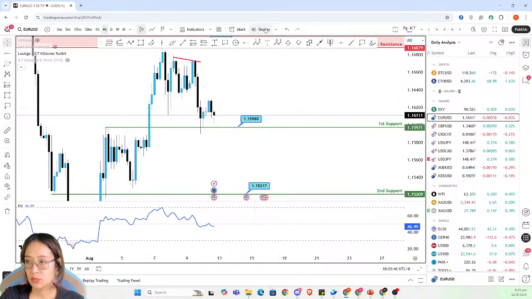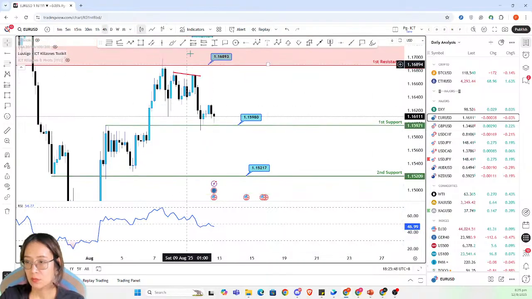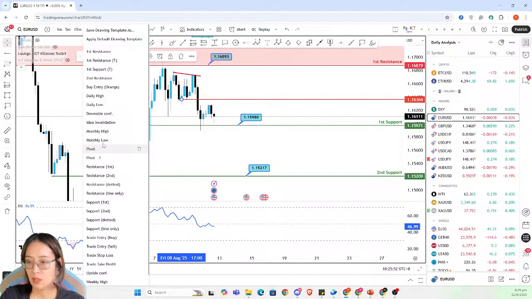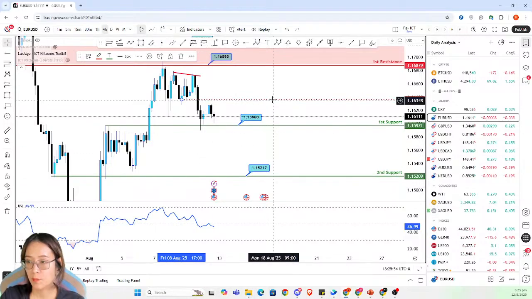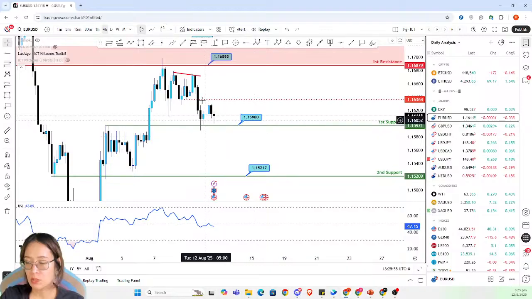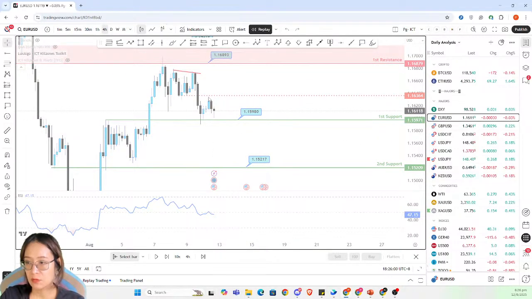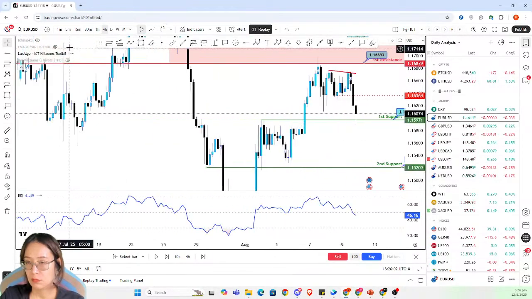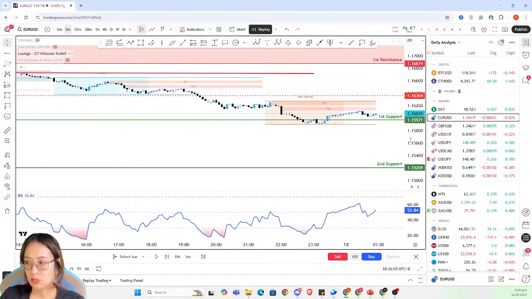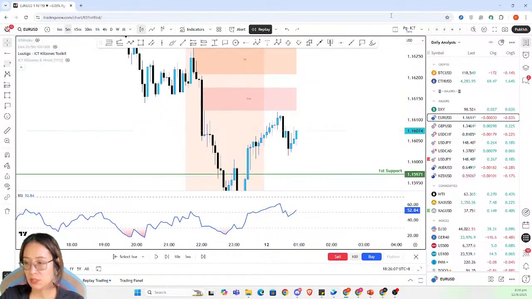Let's say this is gonna be my intermediate support level or intermediate resistance, meaning I will monitor whether price is gonna break or continue to go lower. Let's say at this level, I want to look for a market structure shift. I already get a sell.